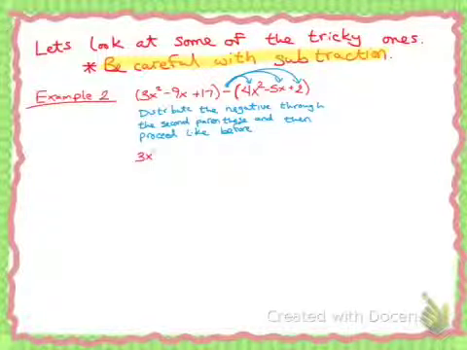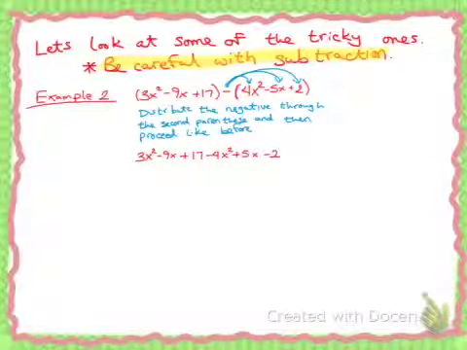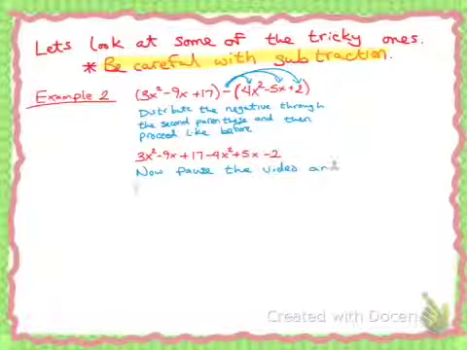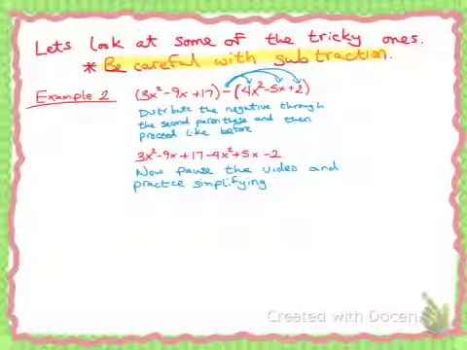If we distribute that minus through, we're going to end up with this as our expression. Again, we can identify all of our like terms, and once we identify our like terms, we can move forward. I want you to take just a moment here, pause the video, see if you can simplify this, and then move on so you can double check your work.